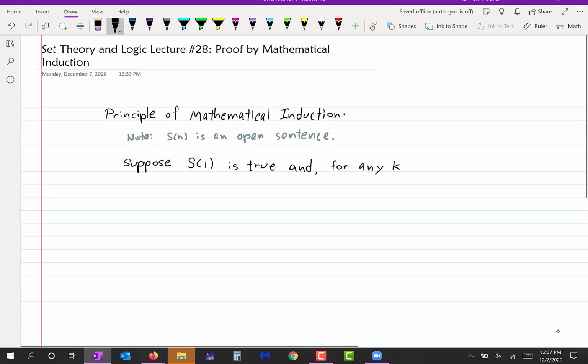For any natural number k, if S of k is true, then S of k plus 1 is true.